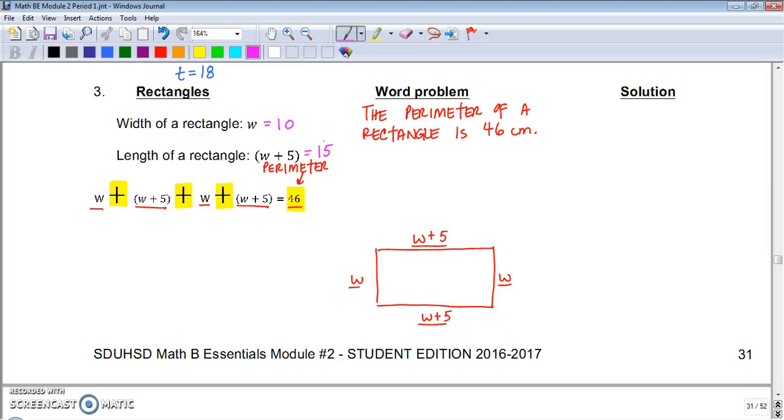So it's like the problem before with the ages, in that we're going to say if the length is 5 centimeters greater than the width, what are the dimensions?